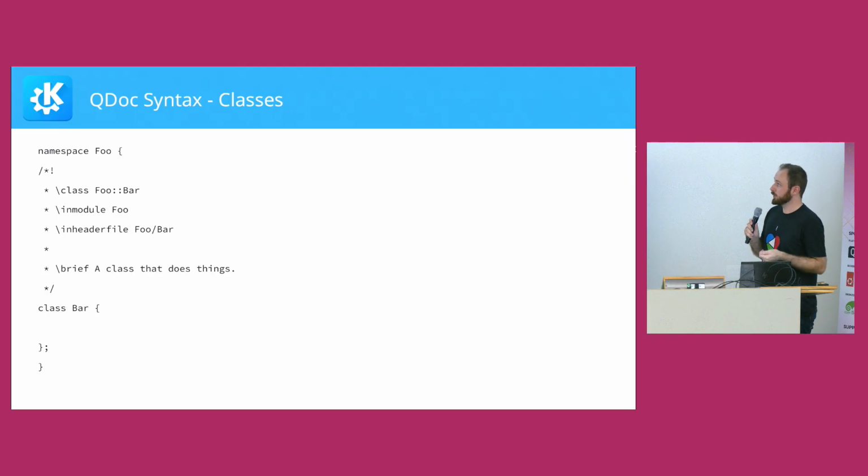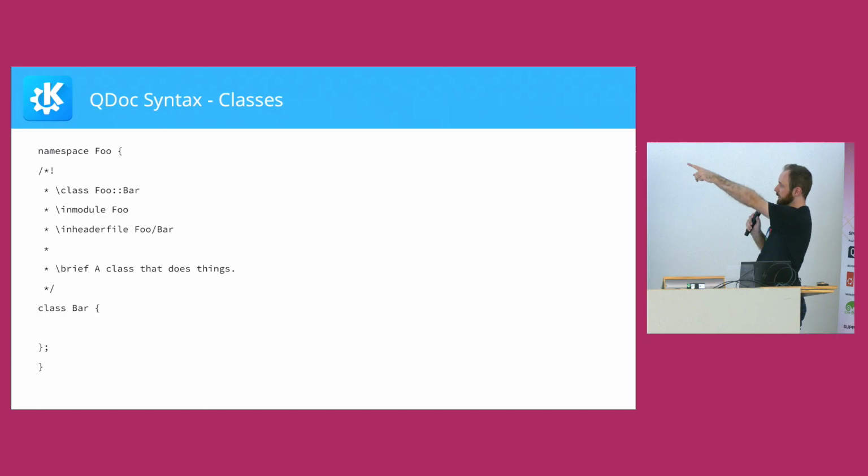Then we have, for example, \class foo::bar, because we have a class bar in the namespace foo. We specify which module contains this, that's module foo, and we exactly specify how this class should be included, because following KDE header conventions, if a class bar is in namespace foo, then you should write include foo/bar.